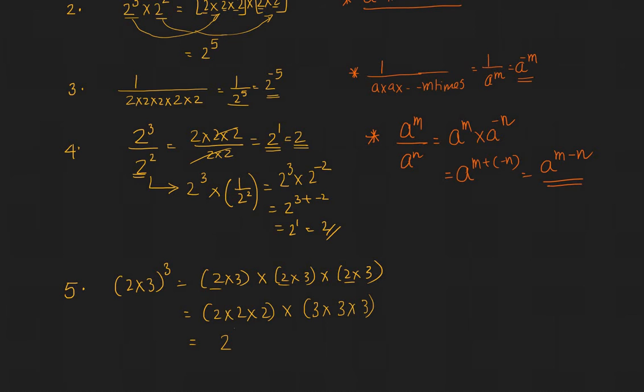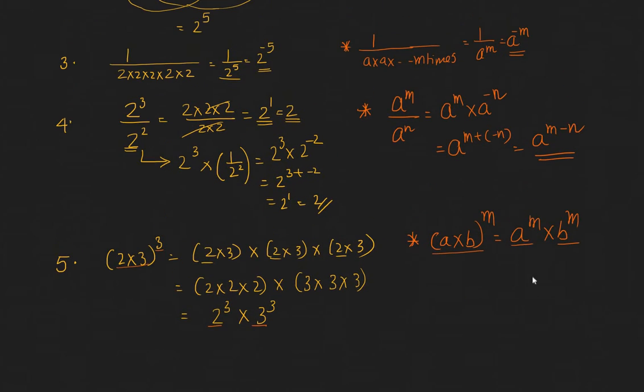That's equal to 2 power 3 into 3 power 3. So I would urge you to pause the video here and try to write a generalized form of what you have seen here. Yes, if you have got this, a into b power m is a power m into b power m. You can say 2 into 3 power 3 is 2 power 3 into 3 power 3.